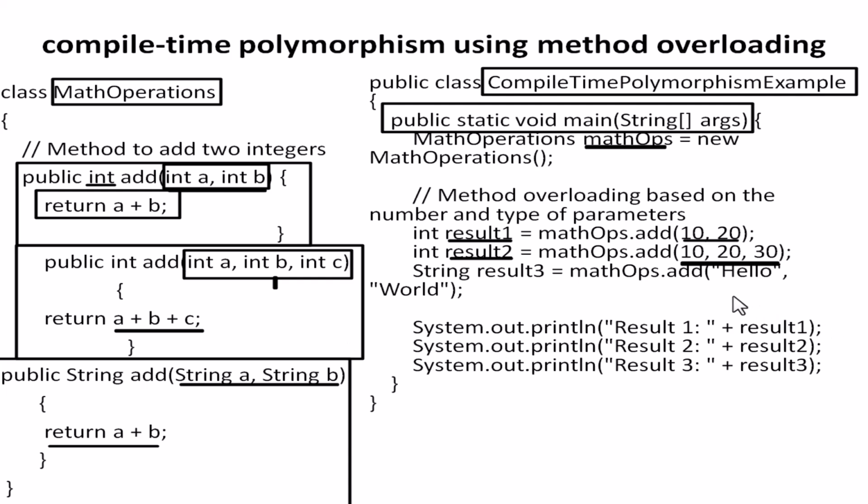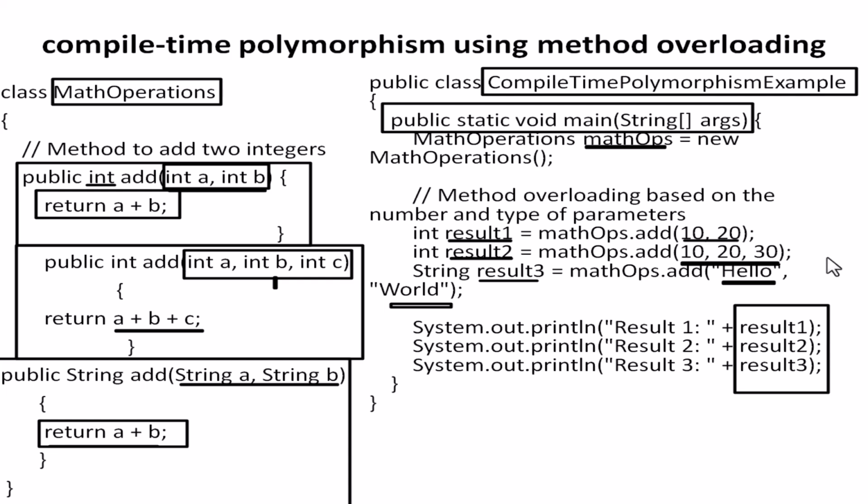If you consider the string operation, here result3, with hello and world, these will be appended: return a plus b. It means it is going to concatenate the values. Finally it is going to show result1, result2, result3.